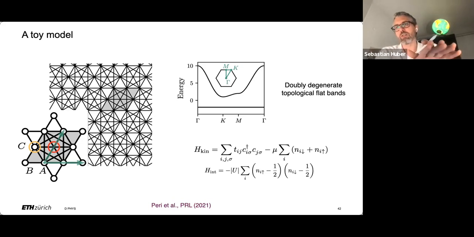Because you have in this magic angle, you have a very huge unit cell. And then if you want to do numerics on that one, that we leave to the real professionals. But what we wanted to check is just give me a flat band with fragile topology where I know I have this bound. Is it surviving the step away from 0 temperature? And I think that's the real question we wanted to answer.